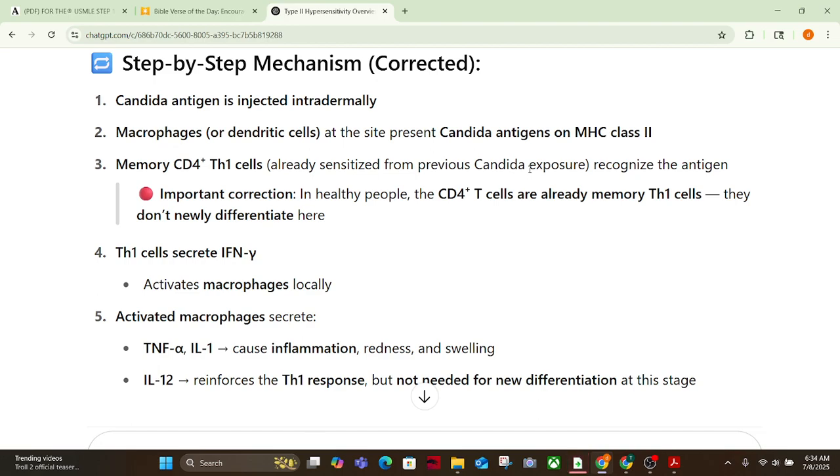Macrophages or dendritic cells, because APCs are dendritic cells, B cells, present Candida antigens on their MHC class 2 at the site.